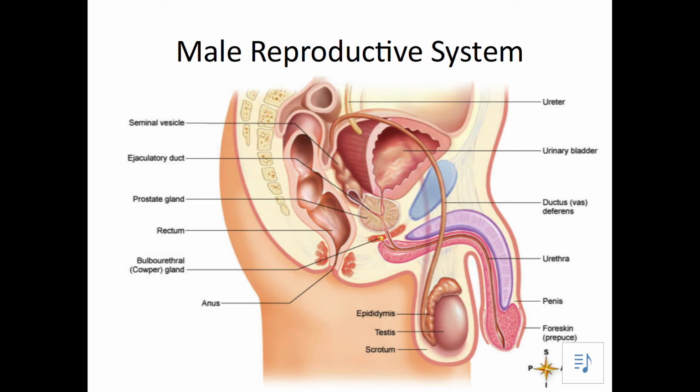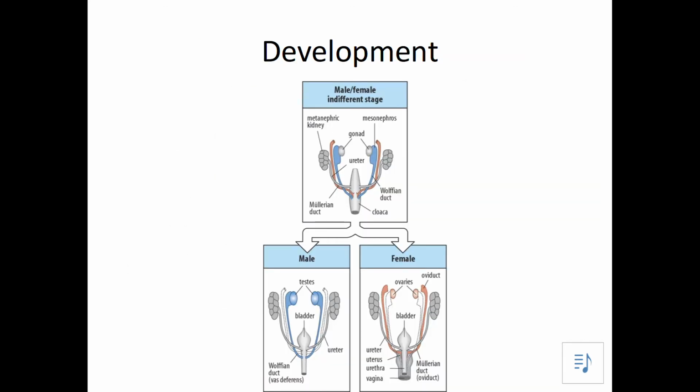Now the male reproductive and the female reproductive system develop from a lot of the same tissues in early development. So the gonads start as undeveloped indifferent gonads, which then differentiate either into testes or into ovaries.